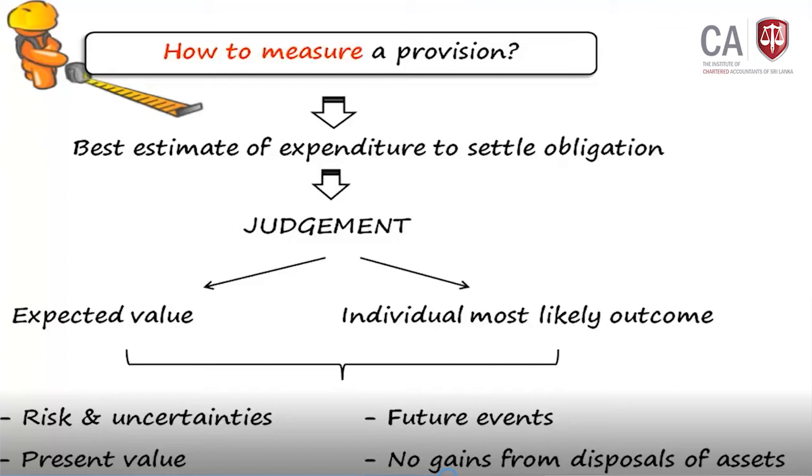So that sales proceed we will not consider for what? Provisions when you make a provision. Understand? The defective product you can repair and resell to another one at a discounted price. That selling price you will not consider. Gain from the disposal of asset you will not consider when you measure the provision. Clear? That's the way of measuring provision.